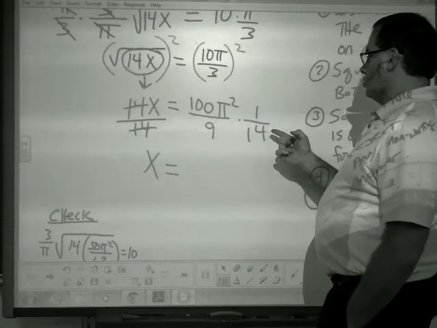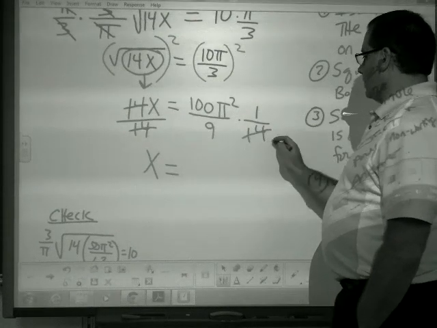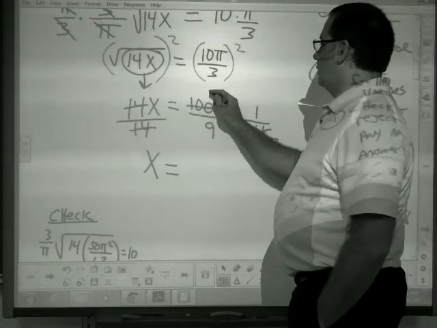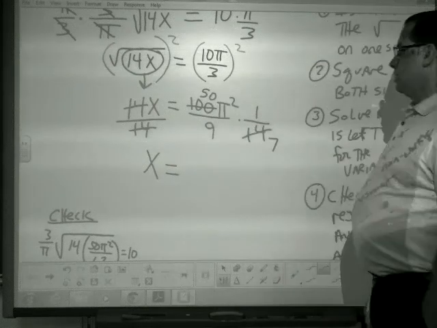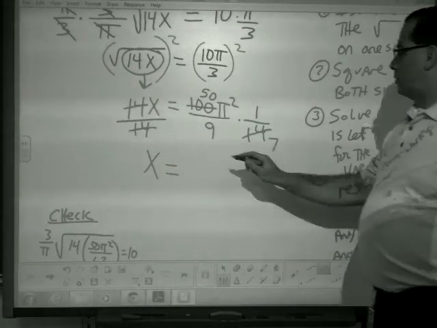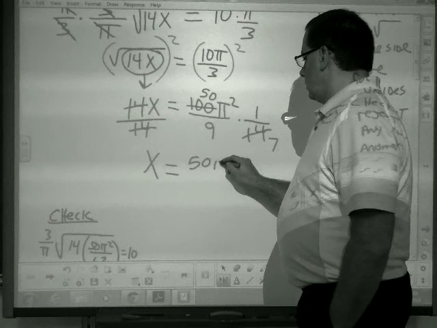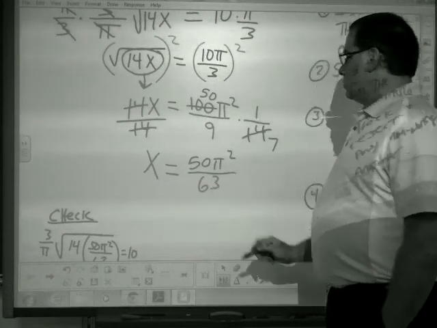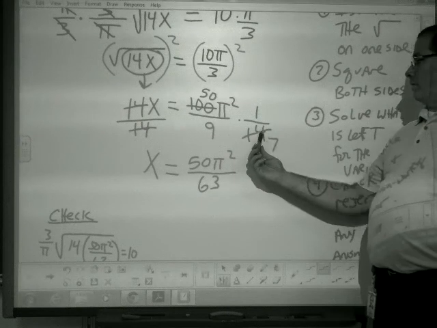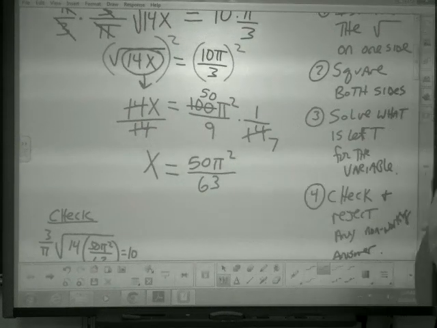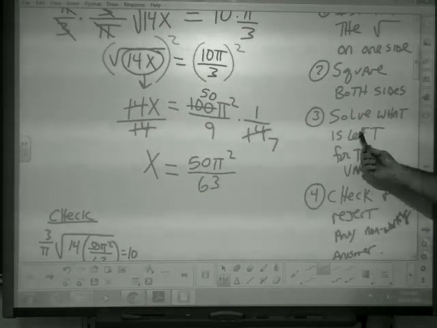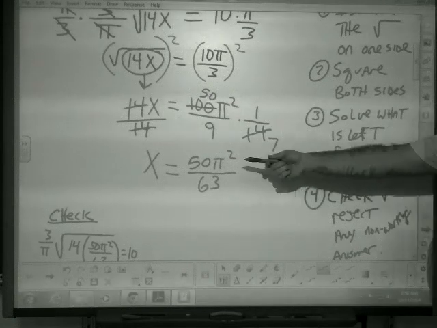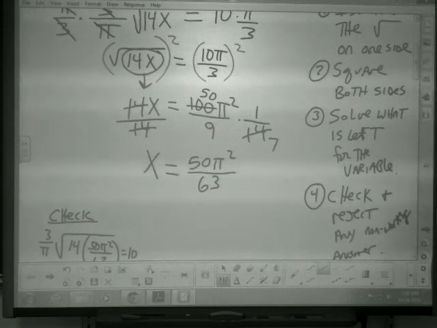I know that 2 can go in here 7 times, and 2 can go in here 50 times. So it looks like I have 50 pi squared over 9 times 7, 63. Just using some of the rules around multiplying with fractions. Okay, my answer is 50 pi squared over 63.